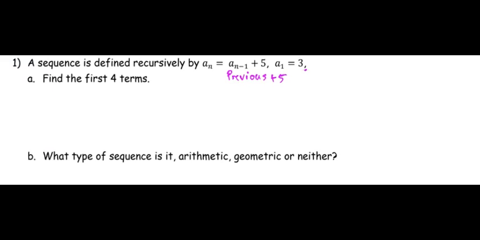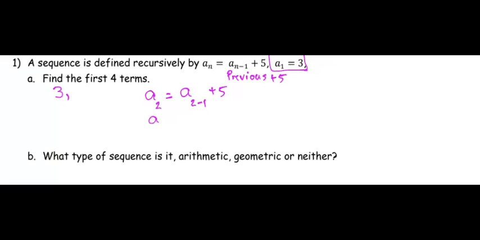The first term is given to us, which is 3. Now we need to find the next one. Based on the rule, I have a sub 2. I'm going to switch n with 2 to find the term. A sub 2 equals a sub 2 minus 1 plus 5.